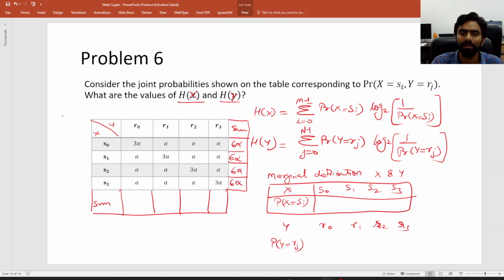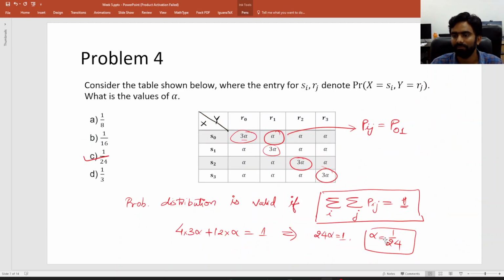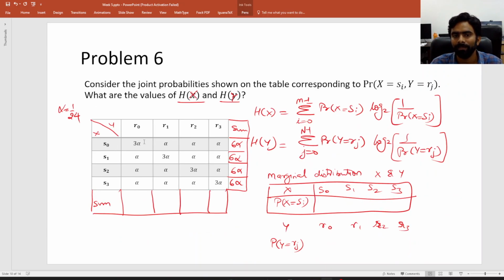We have already calculated that the value of alpha is 1 by 24 in the previous problem, for the same table. So 6 into 1 by 24 would be 1 by 4, and similarly for others, 1 by 4, 1 by 4, and 1 by 4.